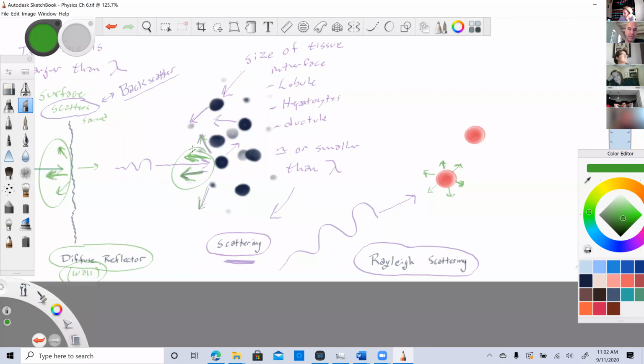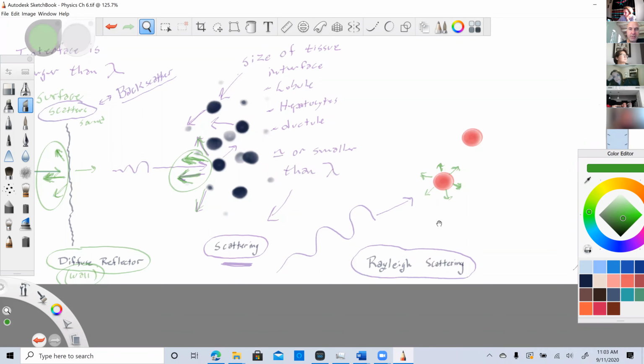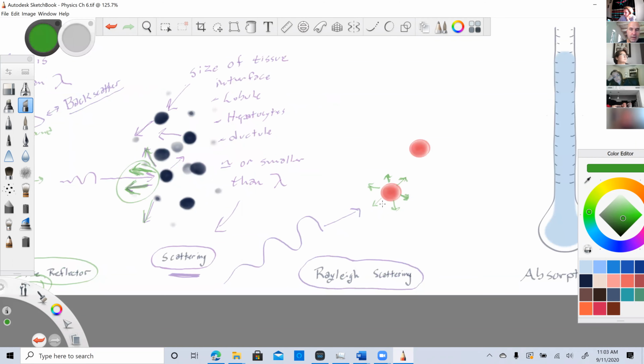And in the case of red blood cells, we usually do not see them. And that's because no more energy is sent back than is sent off to this side, that is sent off this way, that is sent in the opposite direction. So very only a small percentage of sound is reflected back to the transducer.